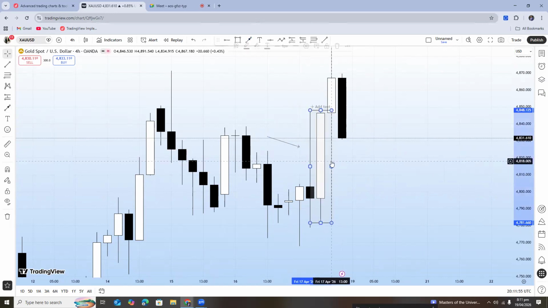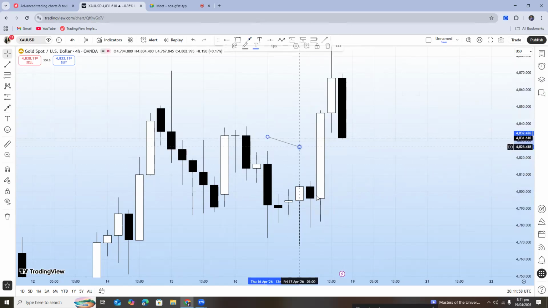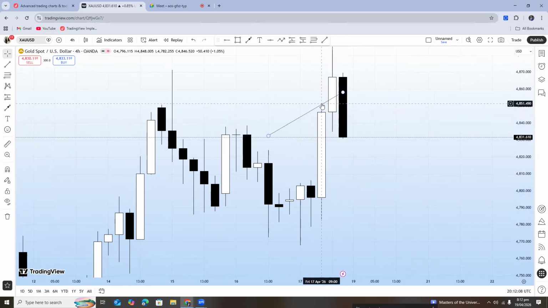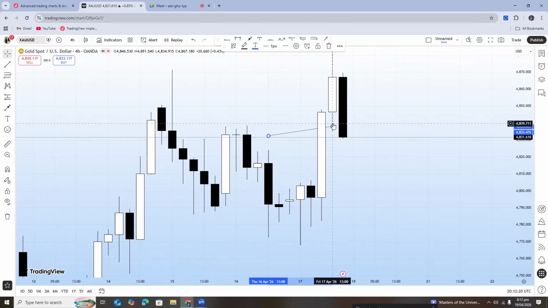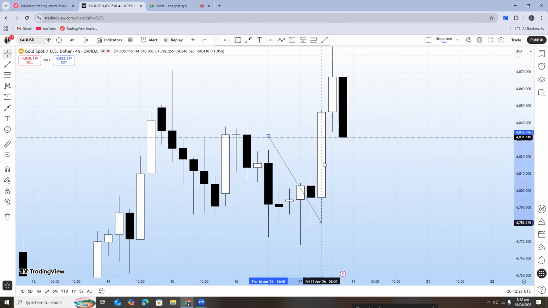And then you see that it has some thin lines. Sometimes it's just one, sometimes you see two, sometimes you don't see anything at all. Now the thin lines are called wicks. Some people also call them shadows, and others call them tails. Anyhow you want to name it depends on you. We call it the wick or the shadow.